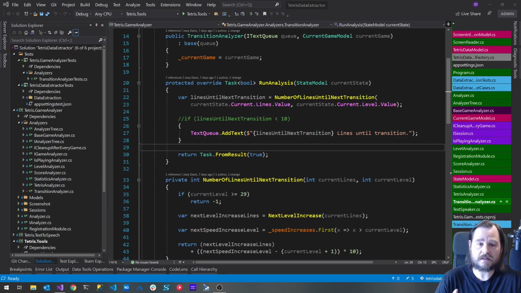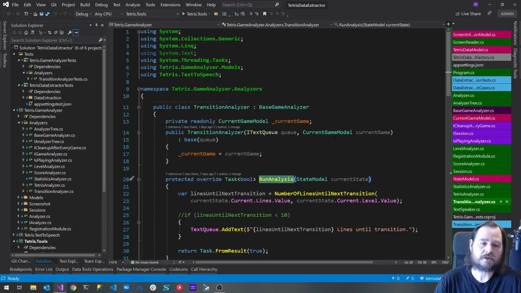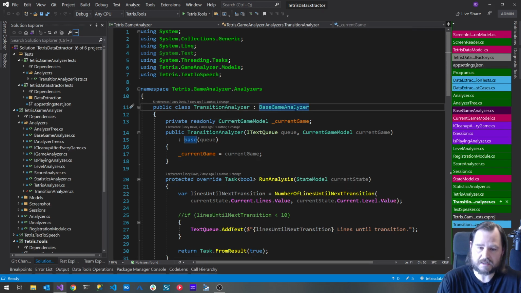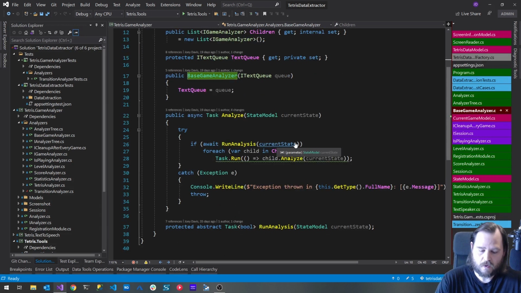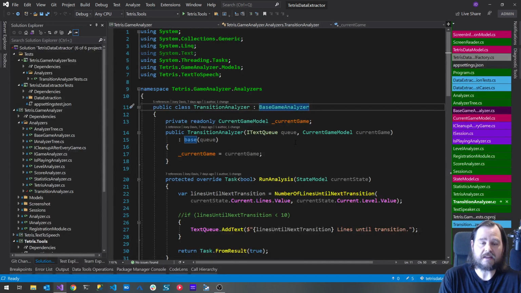And the issue is not that the run analysis method on the transition analyzer is protected. That is a decent thing to do because that method is not called by any other class. It's only called by the base class right here. So that's fine. The issue is my test, sort of.